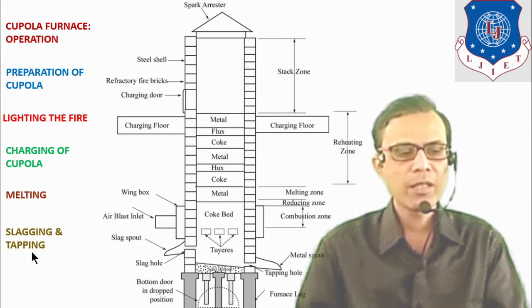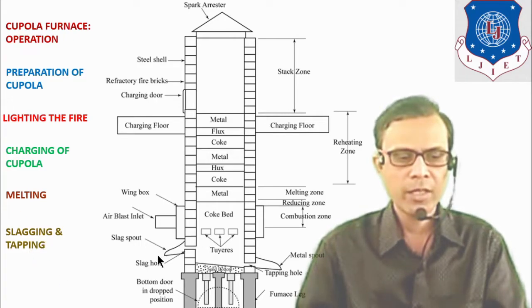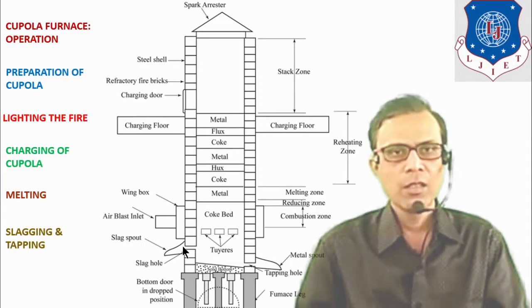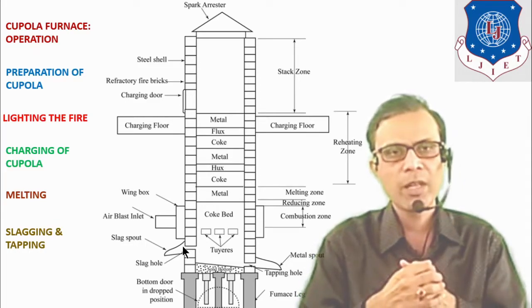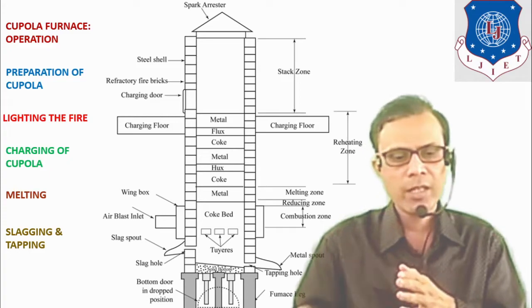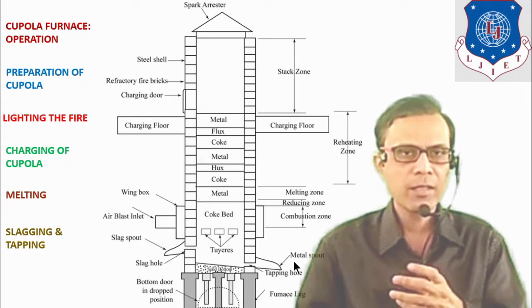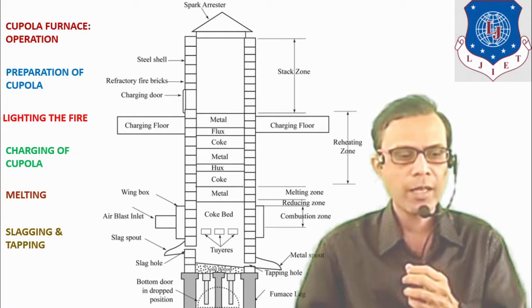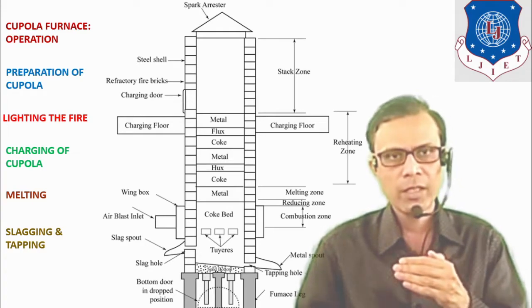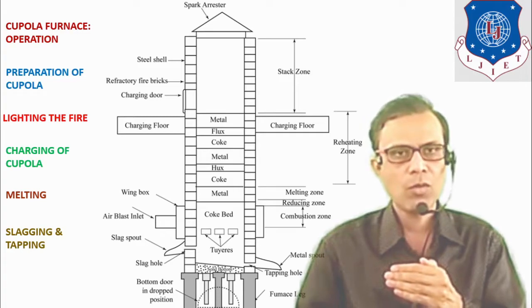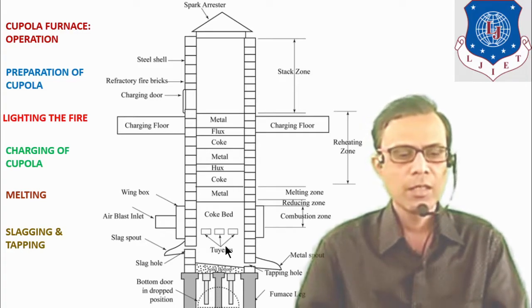Slagging and tapping. It is the operation which is carried out at this part of the furnace. When molten metal is separated from this tapping hole, and as we can see the slag over the molten layer of metal, we have to remove that slag from this slag hole.